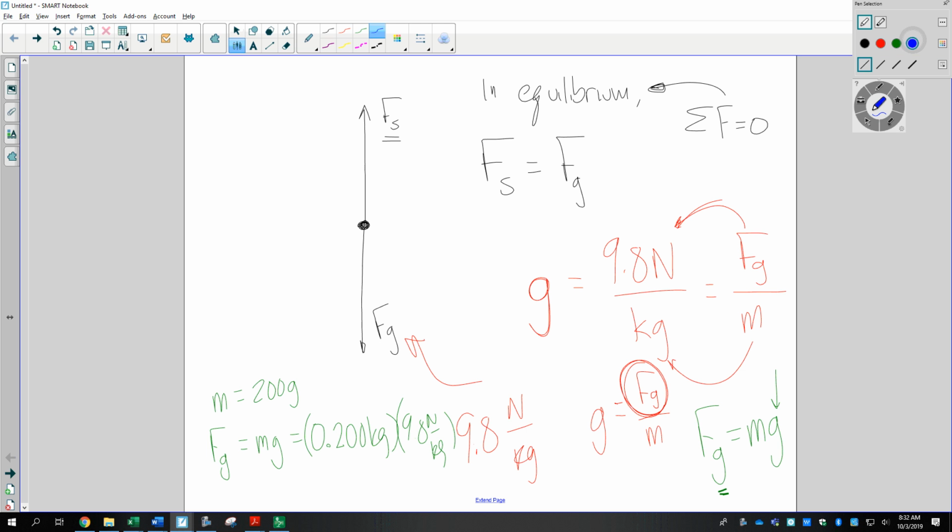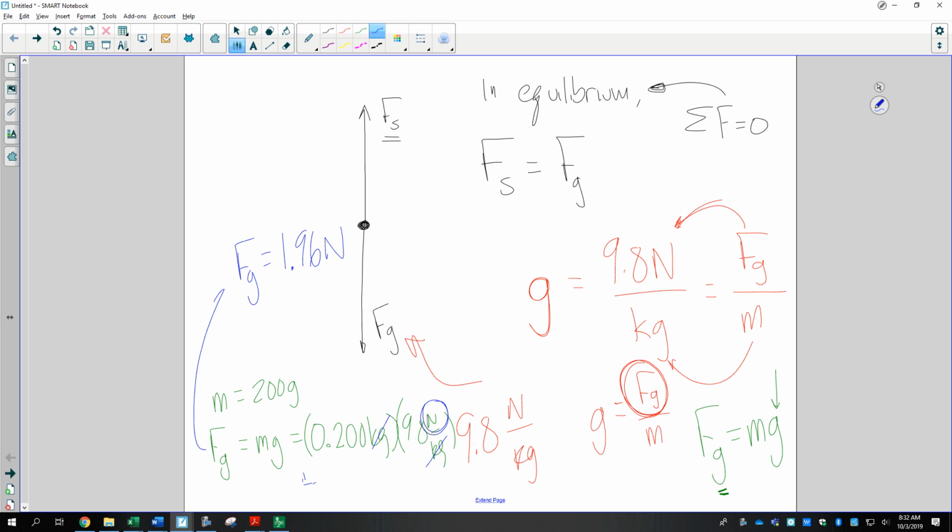And notice our kilograms divide away, and we're left with a force, well, a weight in newtons, and 0.2 times 9.8 happens to be 1.96 newtons. And guess what? If you were to hang a 200-gram mass from this spring, here's the mass. Well, this force is 1.96 newtons. Guess what? So is this. So by measuring the weight, we are indirectly measuring the force that the spring applies.